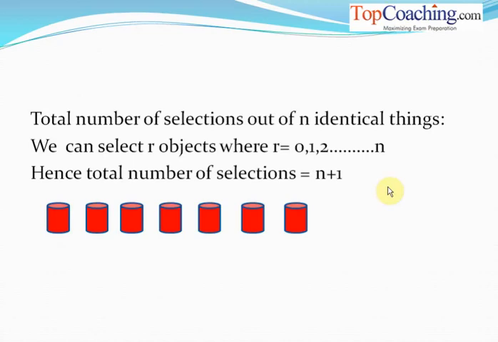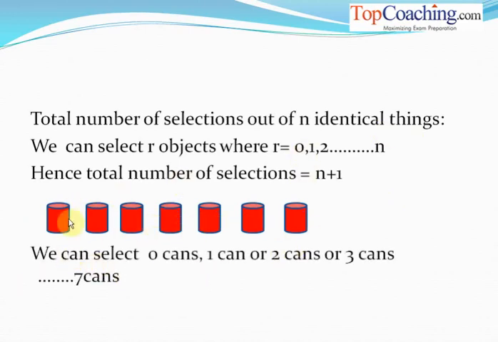Let's try to visualize it. There are actually 7 cans here, and we want to select from these identical 7 cans. We have the option of selecting 0 cans, 1 can, 2 cans, 3 cans, or all the 7 cans. For each option, the number of ways of selecting 1 can is 1, the number of ways of selecting 2 cans is 1.